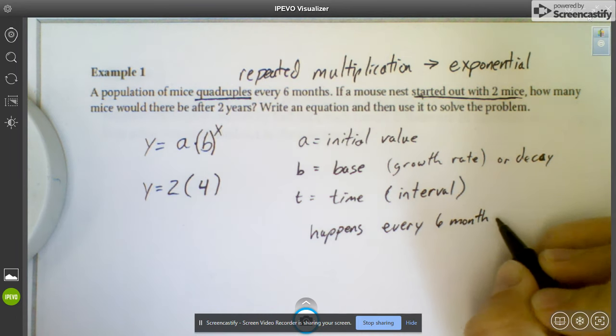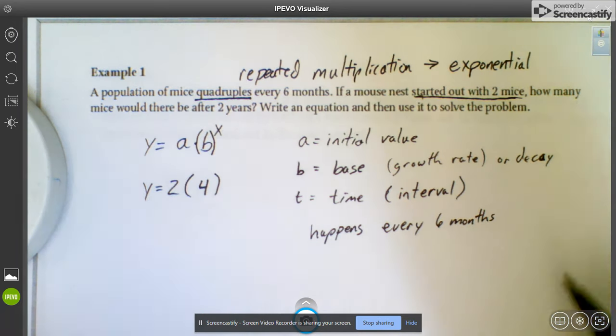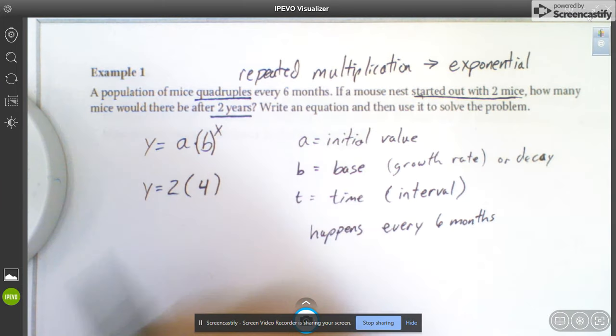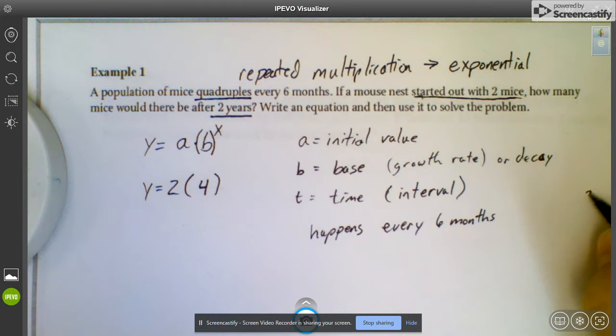But we want to know how many times that's going to happen. How many intervals is that going to be over the course of 2 years? All right, so 2 years is 24 months.